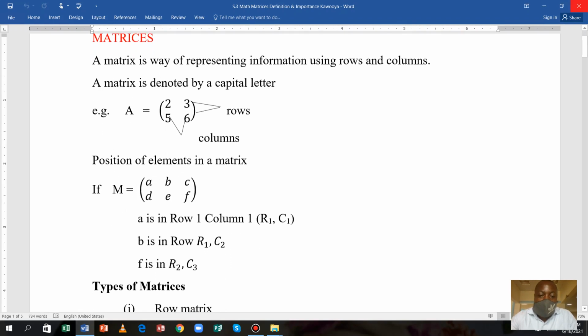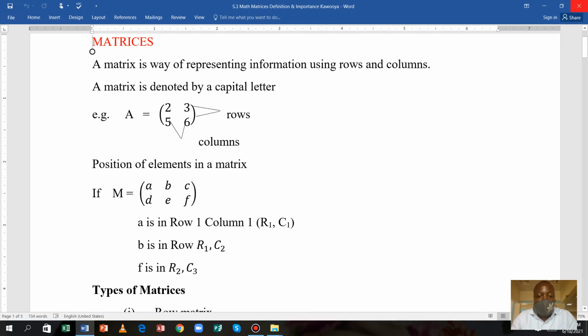So if we take an example of matrix M, it has elements A, B, C, D, E, and F. Element A is in row 1, column 1, which we can write as R1, C1. Element B is in row 1, column 2. Element F is in row 2, column 3.